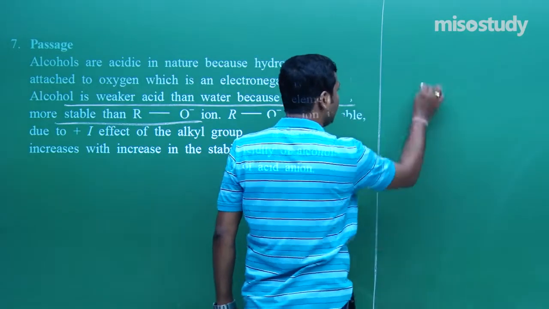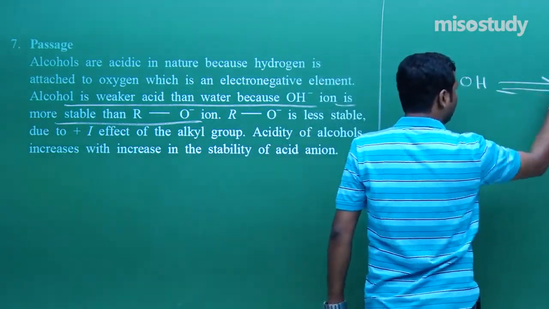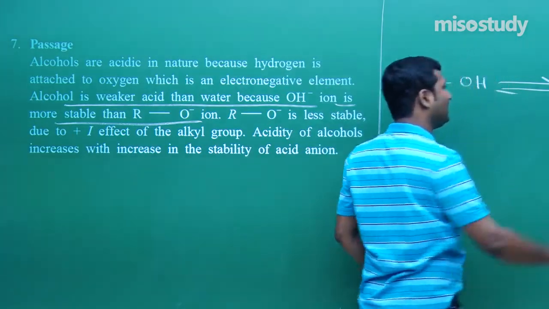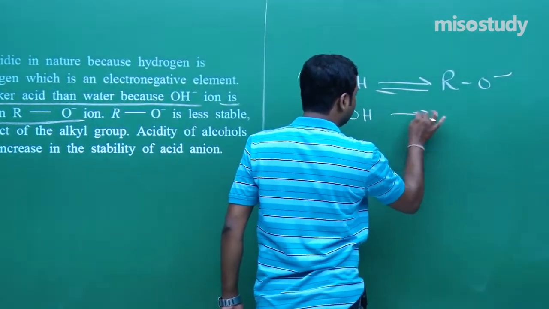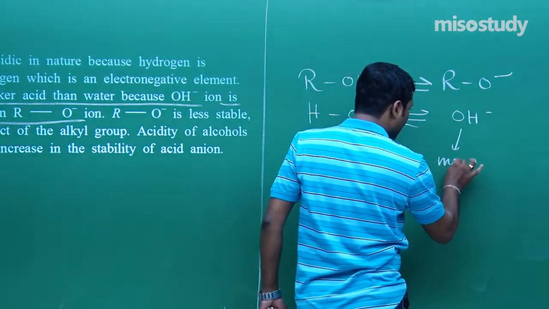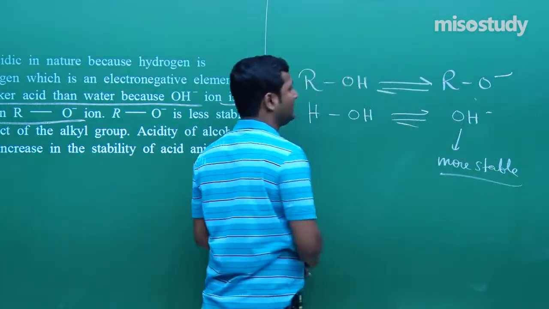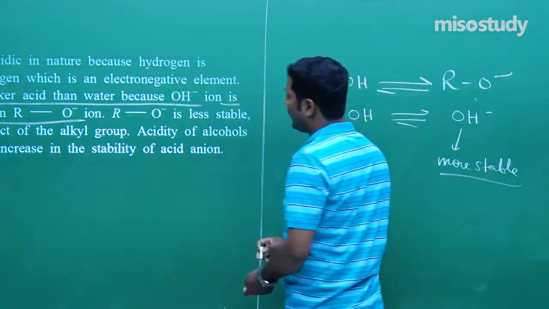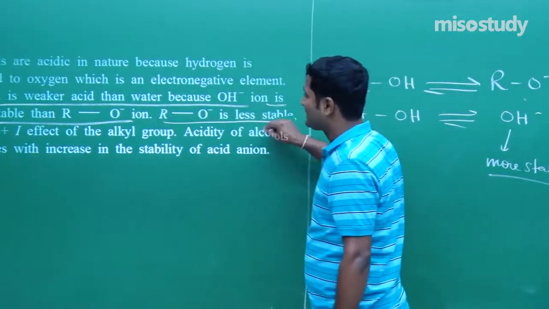It means to say that ROH gives you RO minus, and water here is HOH. Definitely it gives you OH minus ion. This one is more stable than this ion. Now RO minus is less stable due to plus I effect.